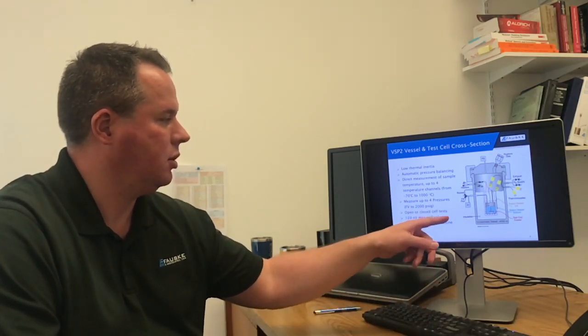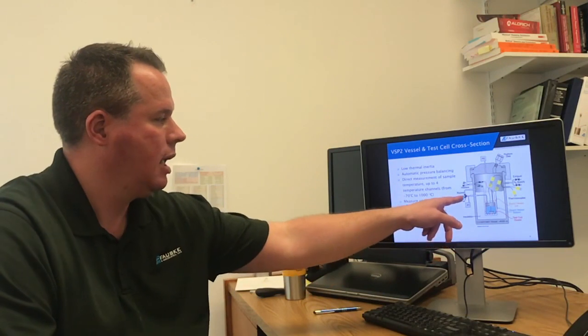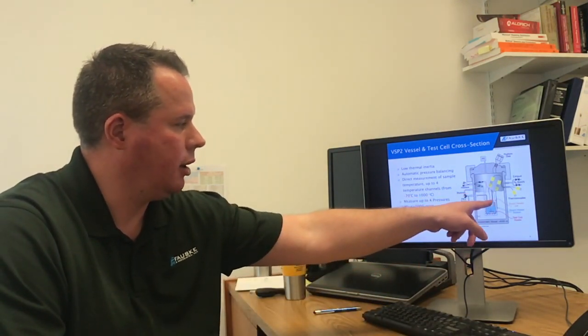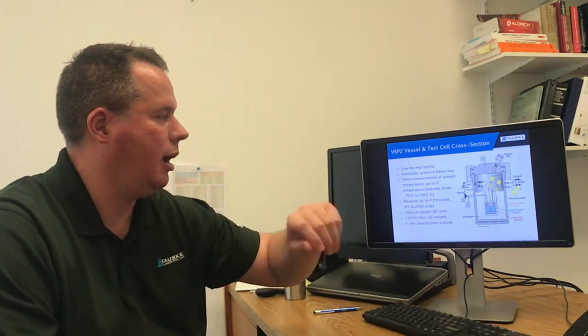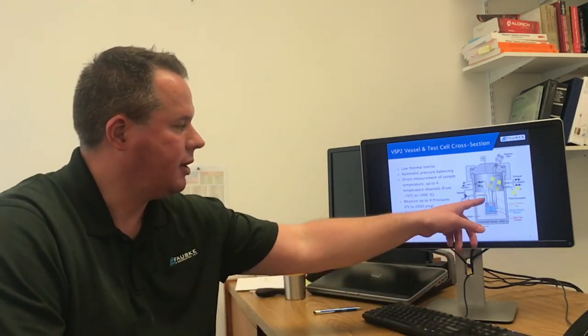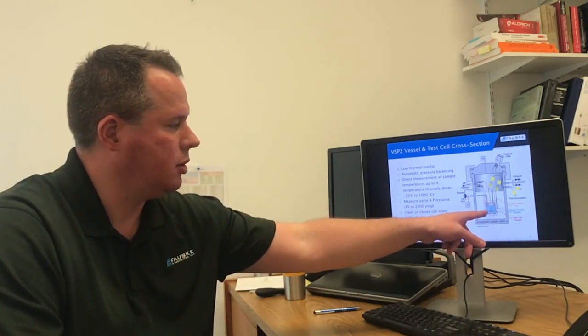We used a closed test cell. We measure the pressure inside the test cell using this line. And then there would be a secondary line connected for adding chemicals into the test cell. The temperature of the sample is measured directly, and then we're also measuring the temperature outside the test cell, and that's how the system keeps the test cell and the sample adiabatic.